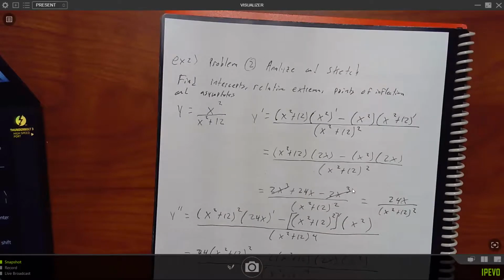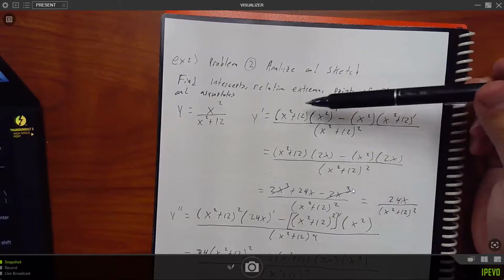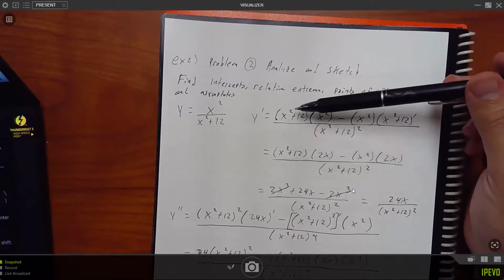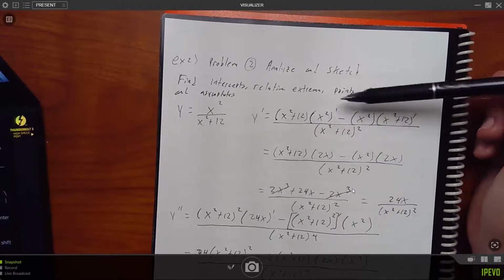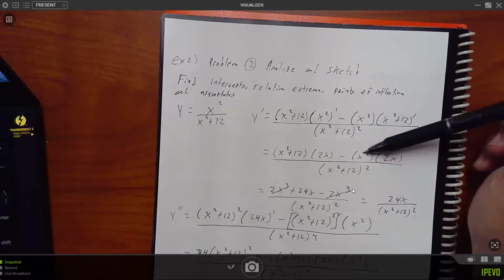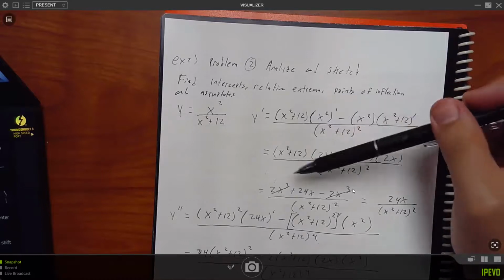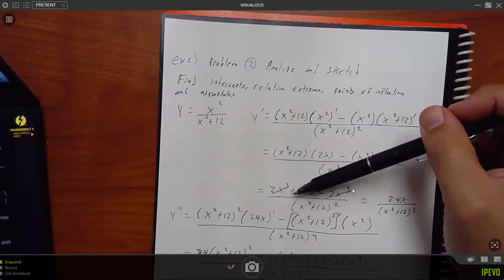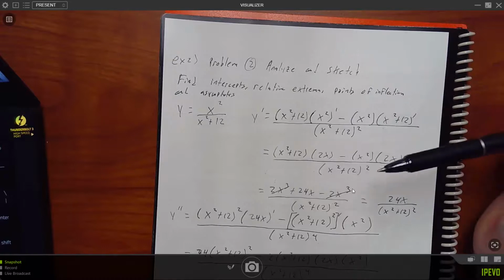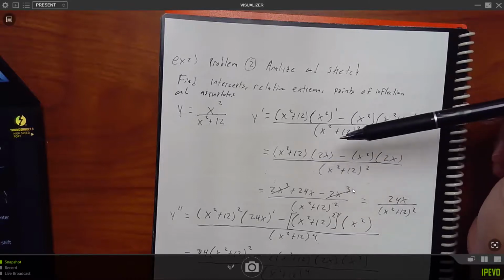Was the first derivative okay? Hope so. Formula is g f prime minus f g prime. 2x is 2x cubed. 2x times that is cubed 24. Yeah, that's fine.